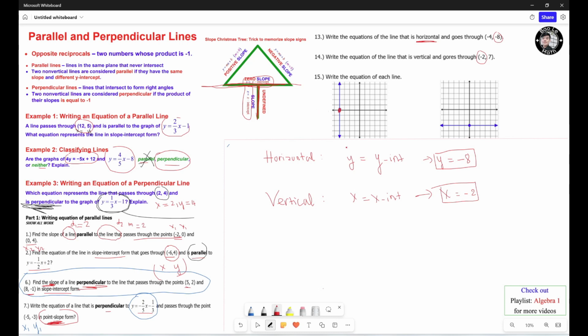So x equal x-intercept, and the answer for this one should be x equal negative 4. Now look at the horizontal line right here. Y equal y-intercept. The y-intercept right here is negative 3. So the equation should be y equal negative 3. And that's it. And it's a good time to stop.